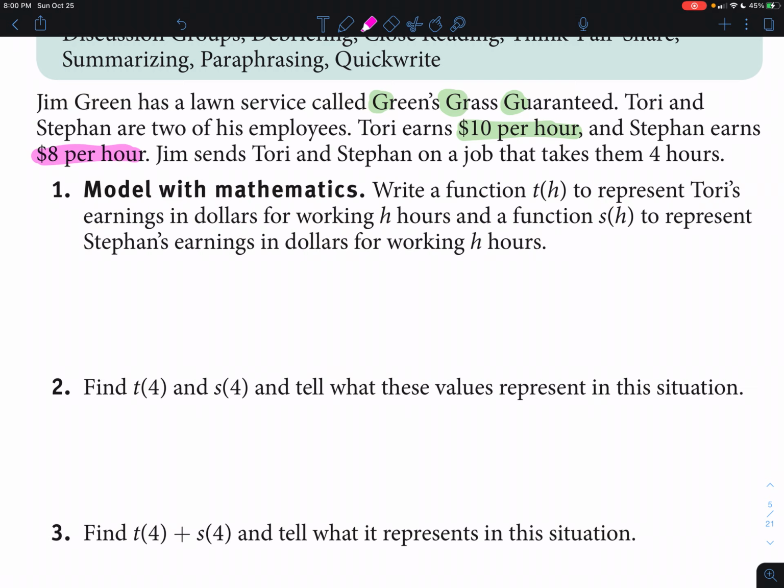Jim sends Tori and Stefan to do a job that takes them 4 hours. Together, this job takes them 4 hours, not that the job can be done with one person in 4 hours. Together, Tori and Stefan will take 4 hours to do this job that their boss, Jim Green, who owns it, sends them to do.